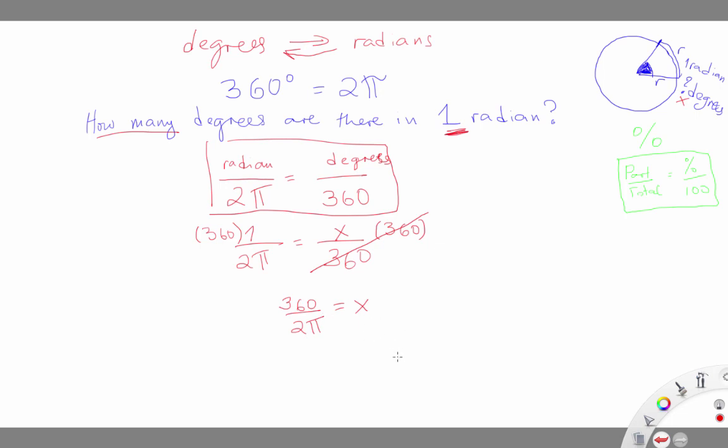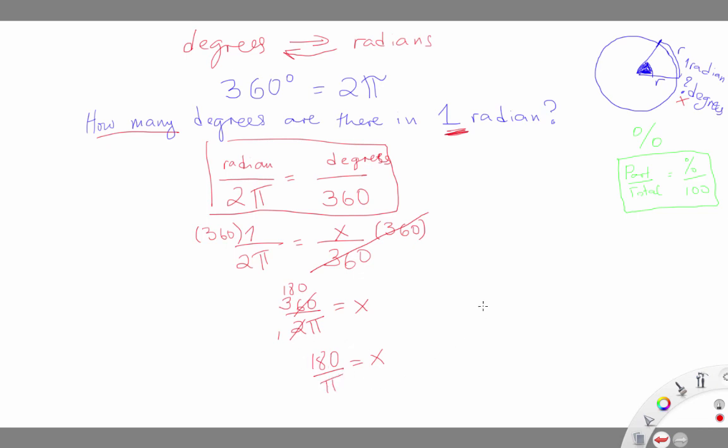Or if I simplify here, 360 divided by 2 is 180. I get 180 divided by pi.